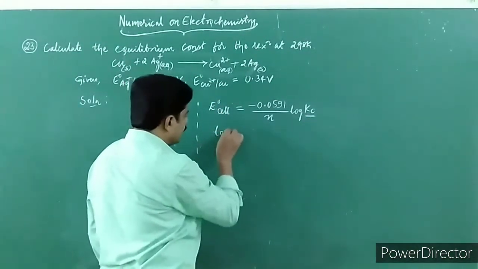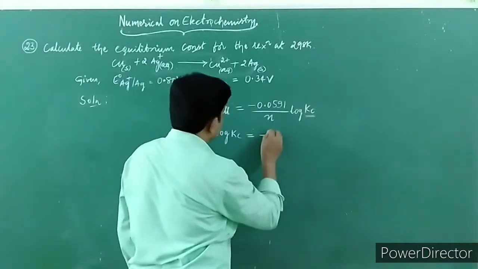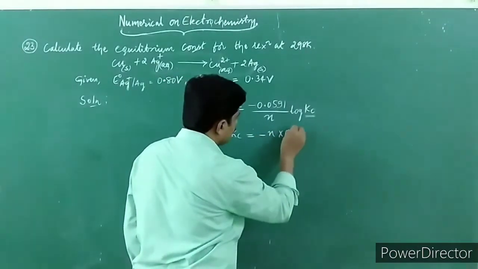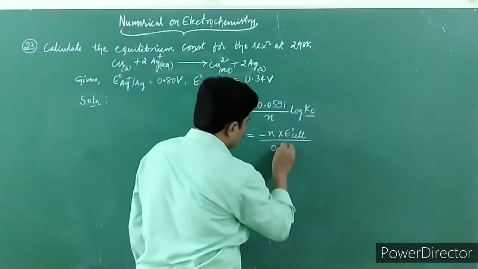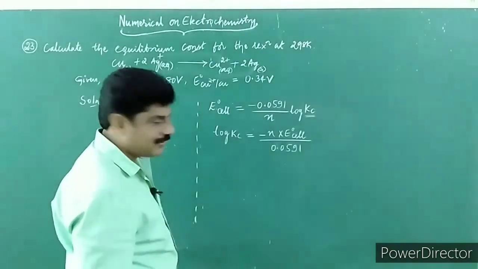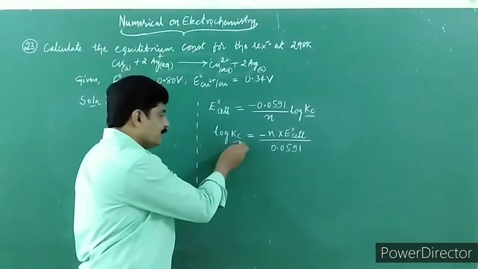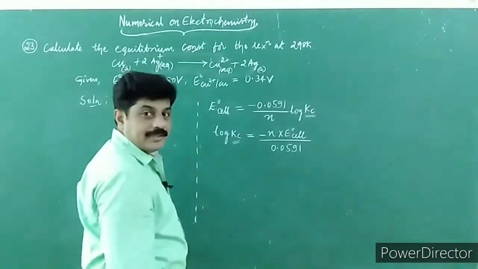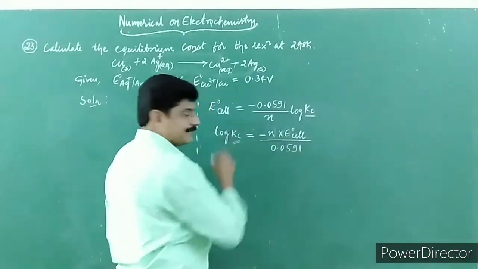Now log Kc is equal to minus n into E naught cell upon 0.0591.